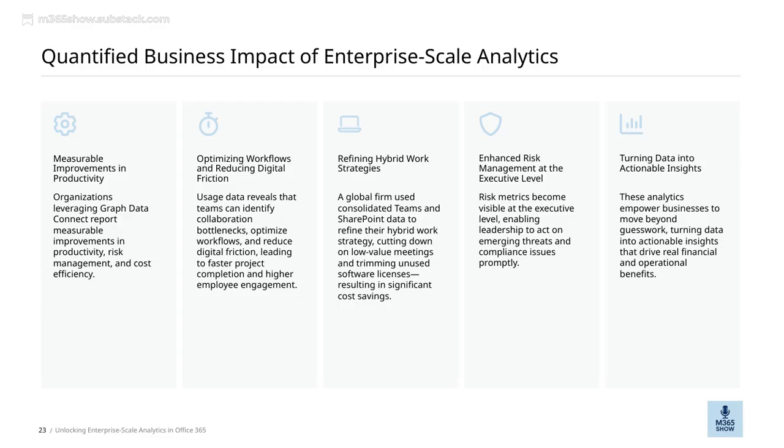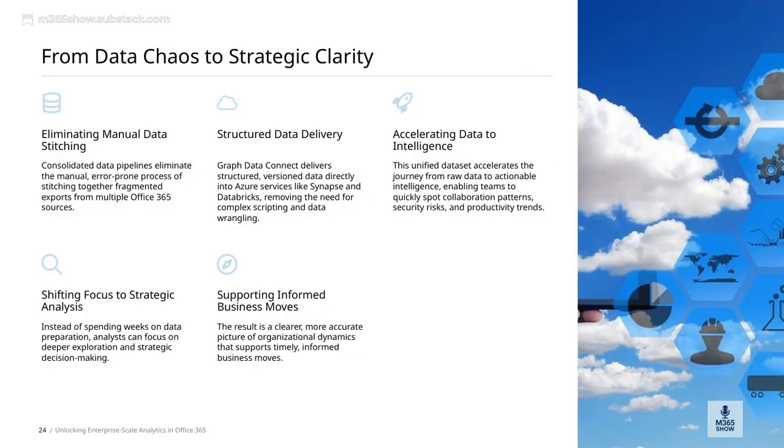Ultimately, these tools help us unlock the true potential of enterprise-scale analytics, making our organizations smarter, more responsive, and more efficient. When we move from data chaos to strategic clarity, the goal is to get a much clearer and more accurate picture of what's really happening within the organization.